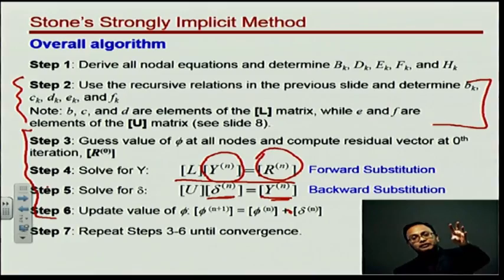So if you think about factoring out 10,000 squared, instead of 10,000, you're using 2. That's the reduction in the number of operations. So as long as your Stone's method converges below 10,000 iterations, you will have gains over Gaussian elimination. And chances are, instead of 10,000, it will take 10 iterations.